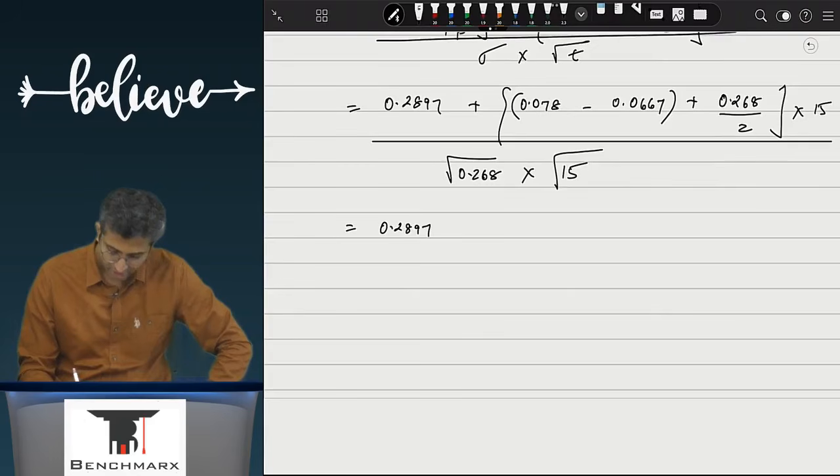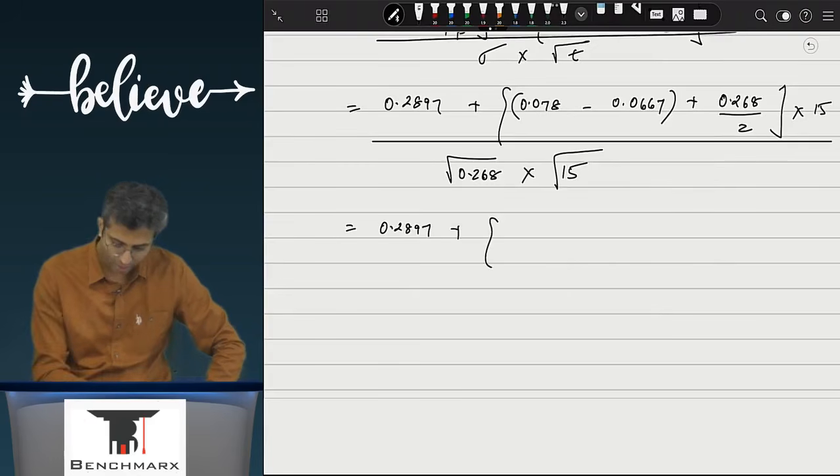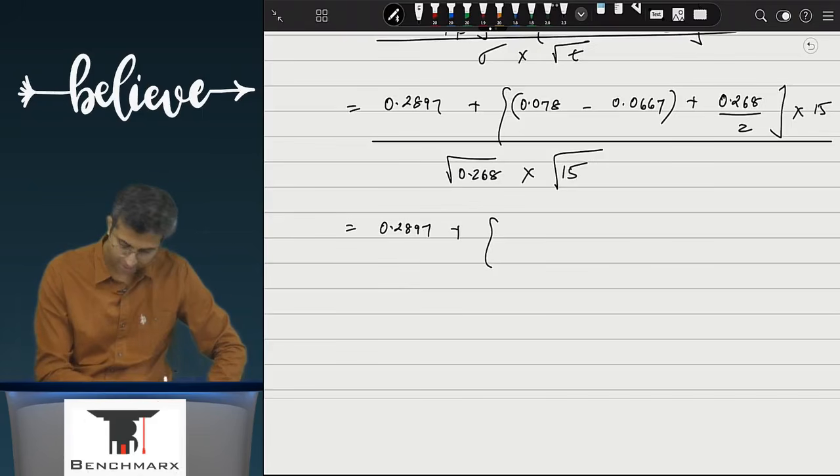0.2897 plus 0.078 minus 0.0667 plus 0.268 divided by 2.